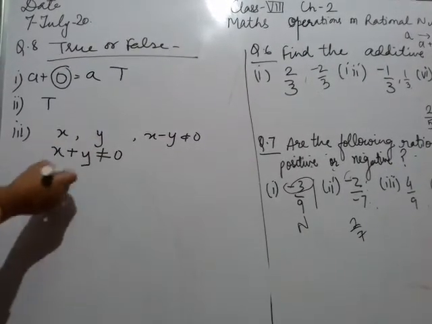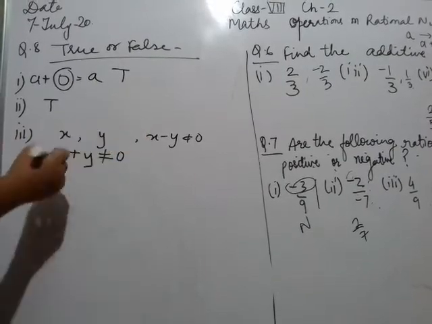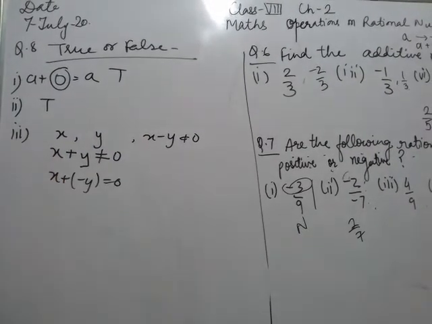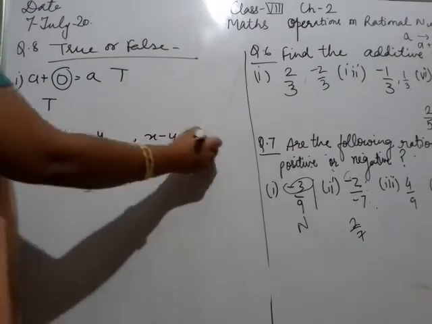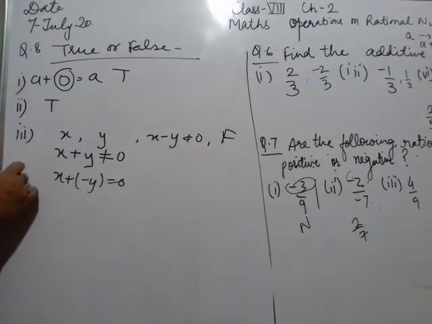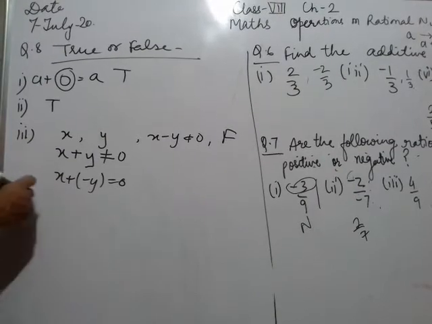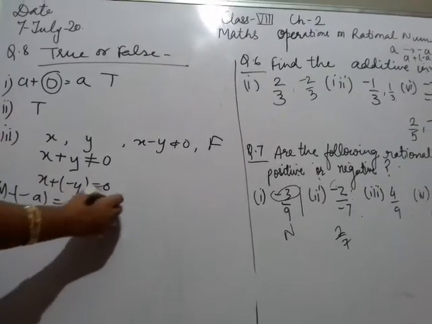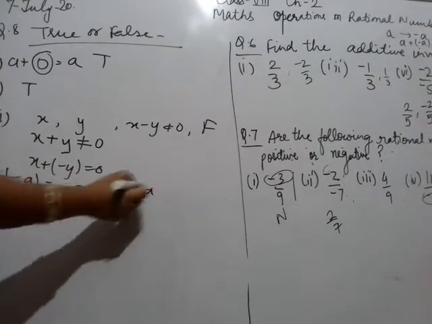It is only possible when y is a negative rational number, x plus minus y. So the answer will be false. Then fourth, minus of minus a is equal to minus a. False. It should be positive a.